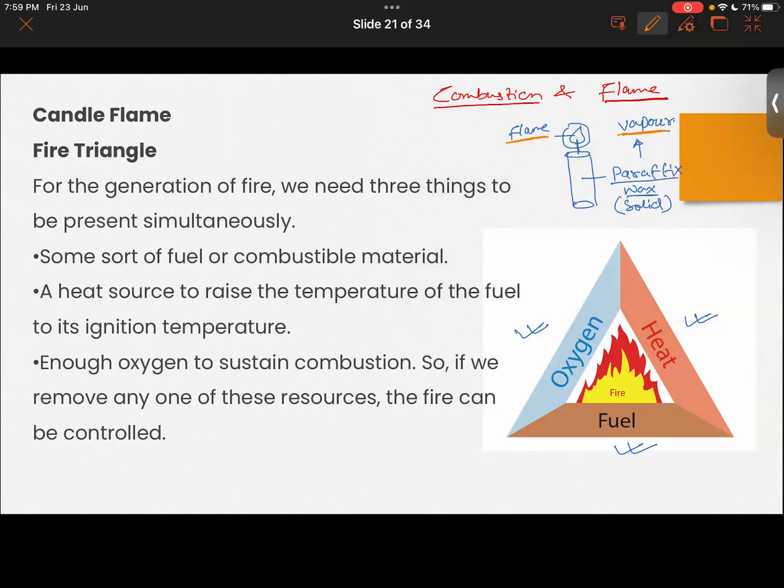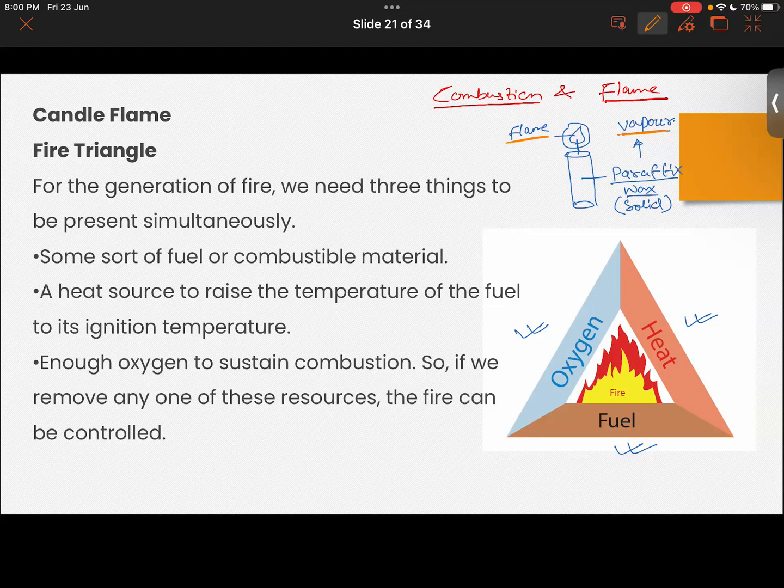So you will see all the gases which undergo combustion will produce flame. But the thing is that only those solid and liquid fuels which vaporize on being heated burn with a flame. The condition is that the fuel I am burning, whether it's a solid fuel or a liquid fuel, if it vaporizes on being heated, only then it will give you a candle flame.